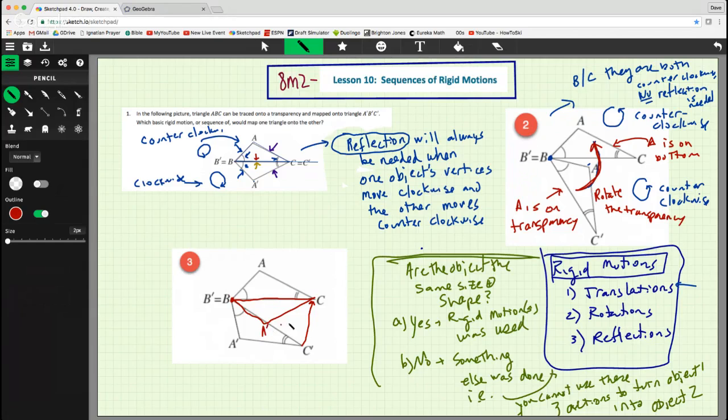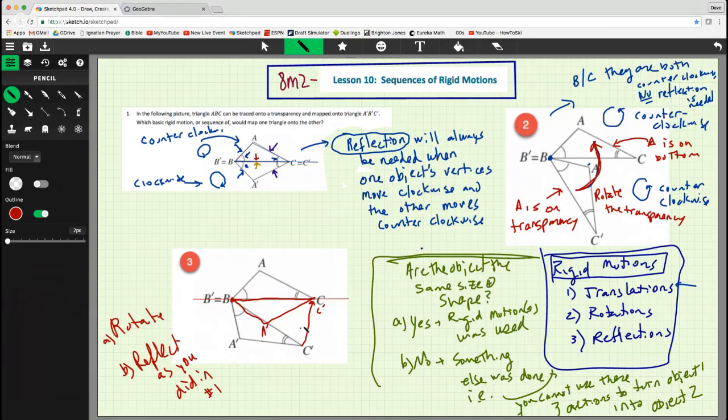Here's my A prime and here's my C prime. And then I can reflect across this line, as you did in number one.